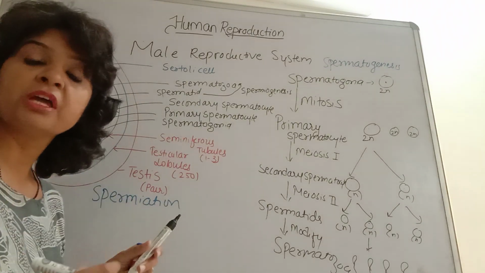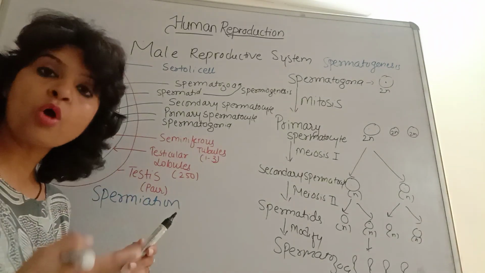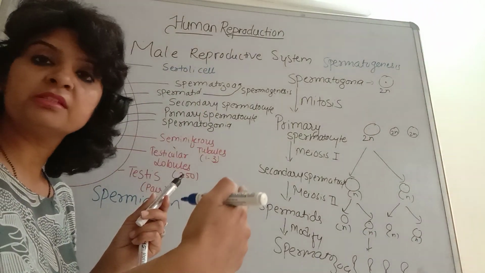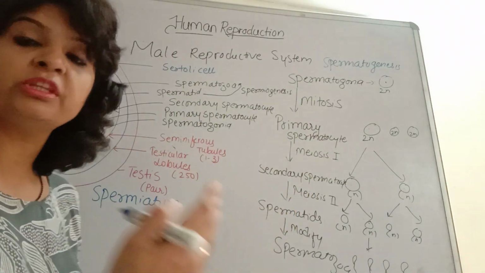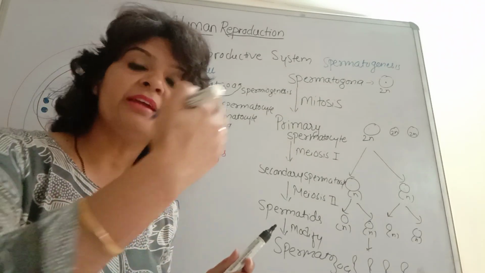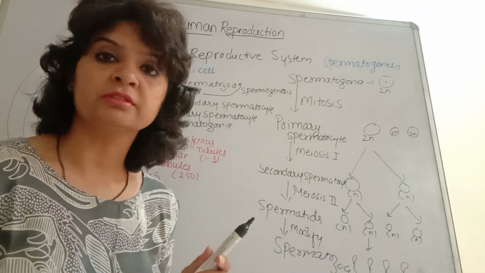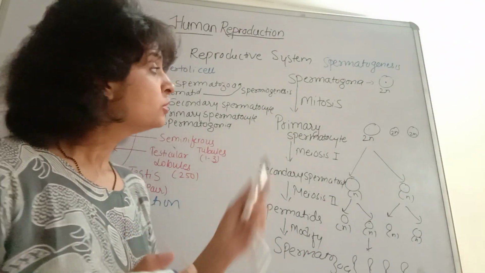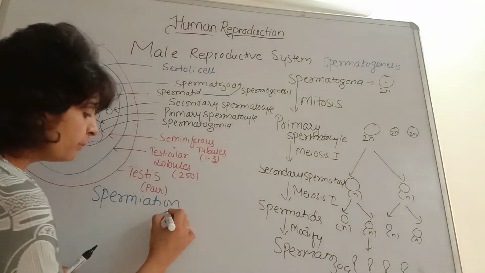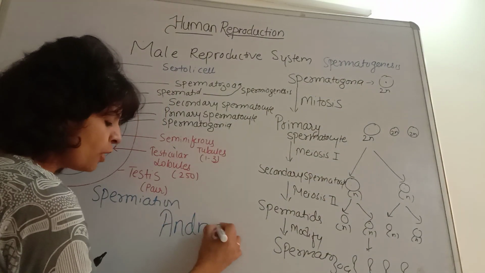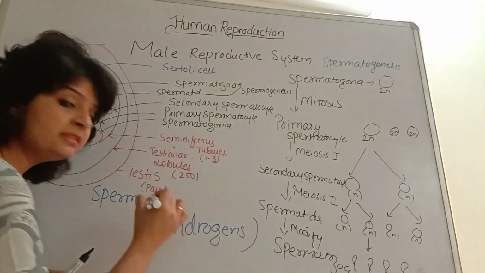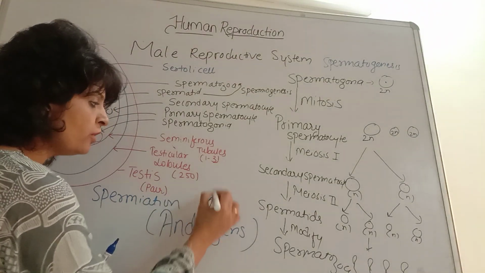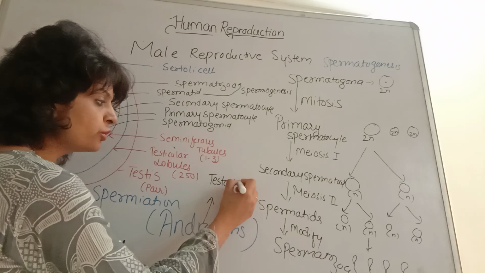Now that movement will be guided from which structure? From the seminiferous tubule into the rete testis. From the rete testis they will move to the vasa efferentia, from there to the epididymis, from there to the vas deferens. So in this way they follow the passage. This is guided by a group of hormones known as androgens, and one of those androgens is testosterone.